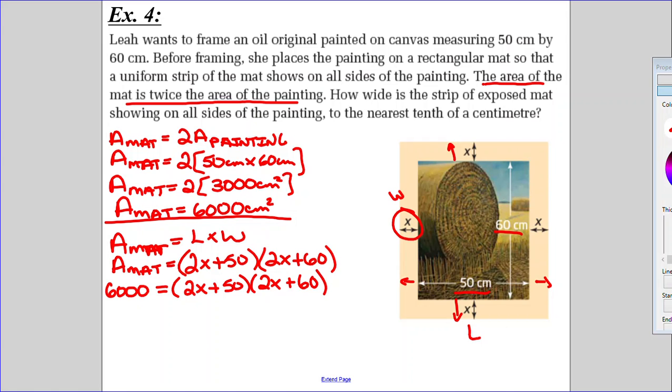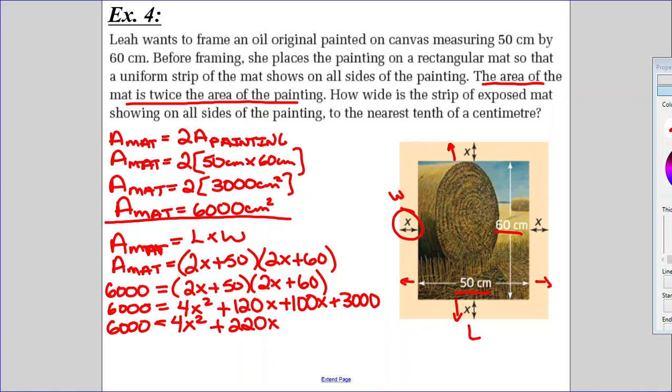So now I've got a setup for an equation that I can solve to figure out what x is. 6,000 equals 4x squared plus 120x plus 100x plus 3,000. Simplifying my terms, 6,000 equals 4x squared plus 220x plus 3,000.